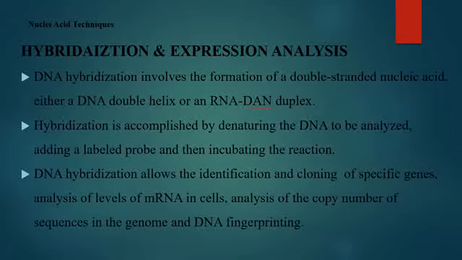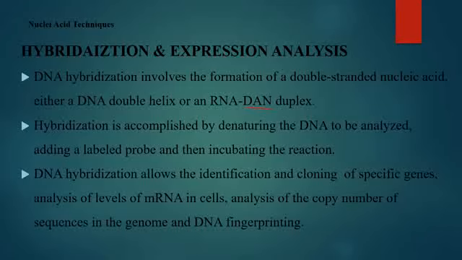So 2 single-stranded coming together to form 1 double-stranded. That's the whole concept of hybridization. So when you see DNA hybridization, don't think beyond what you already know in DNA. It is combining 2 single strands to form 1 double strand.